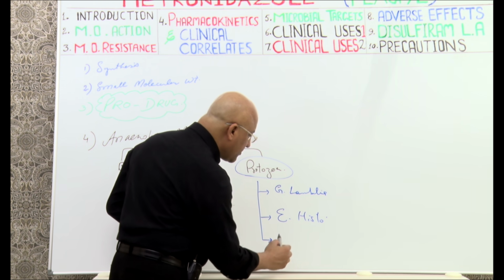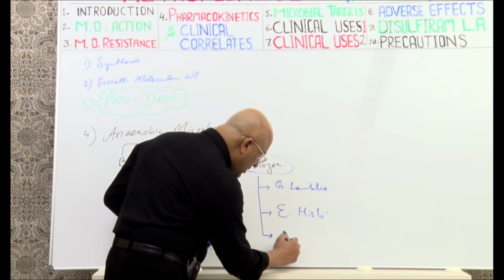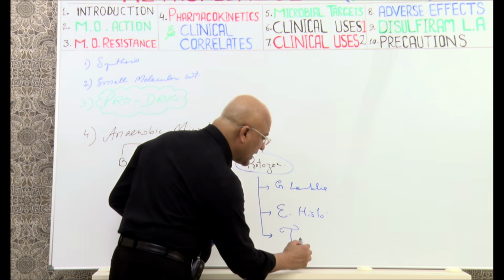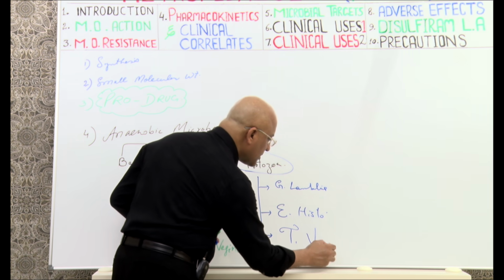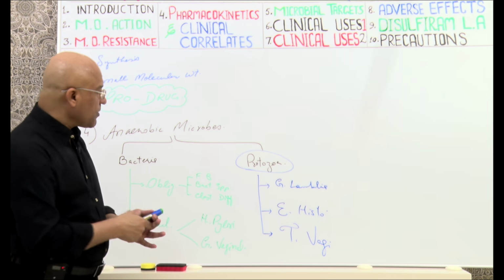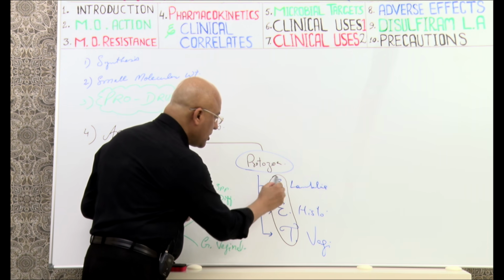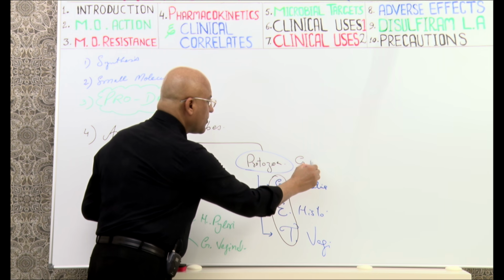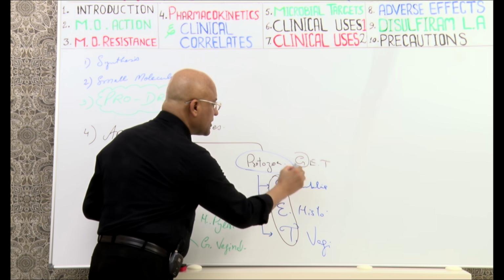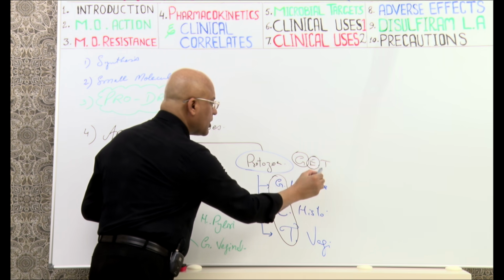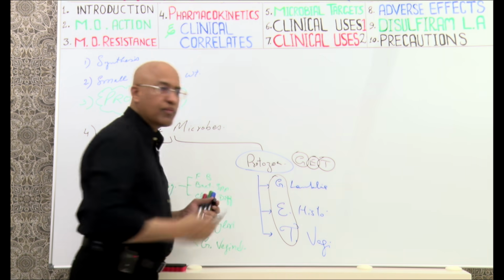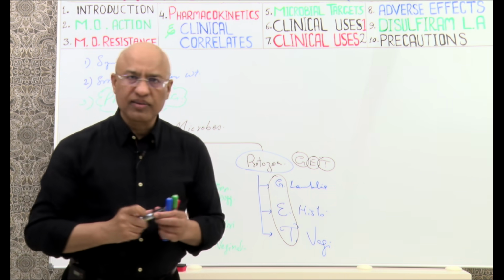And then there is Trichomonas vaginalis, right? So we also can remember it with the name of protozoa GET. GET means Giardia, Entamoeba histolytica, and Trichomonas, right?